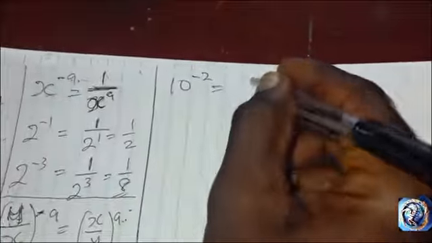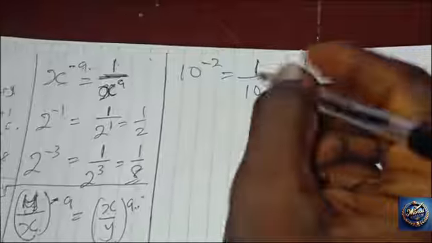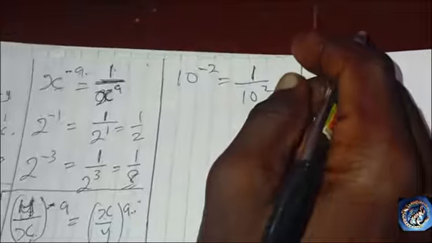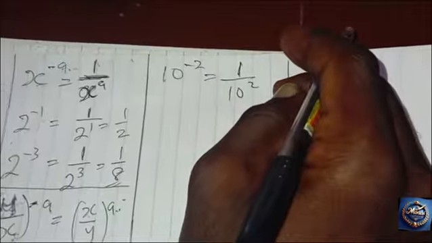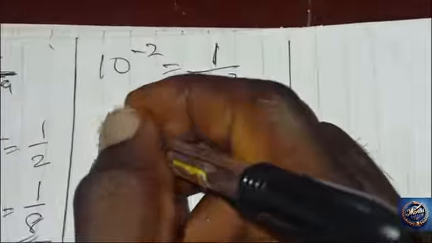Let me take some little examples of where it's available. If you have 10 raised to power of minus 2, it's going to be 1 all over 10 raised to power 2. Let's say I have 4 over 5 raised to the power of minus 2.